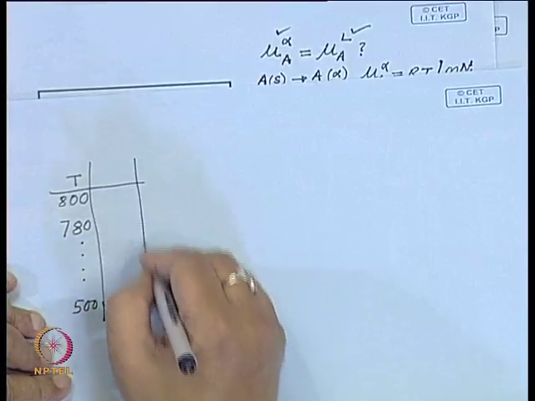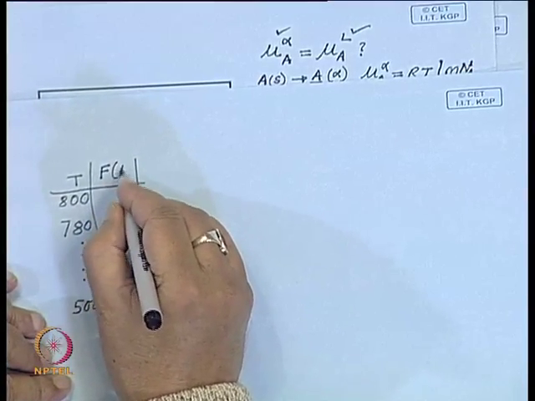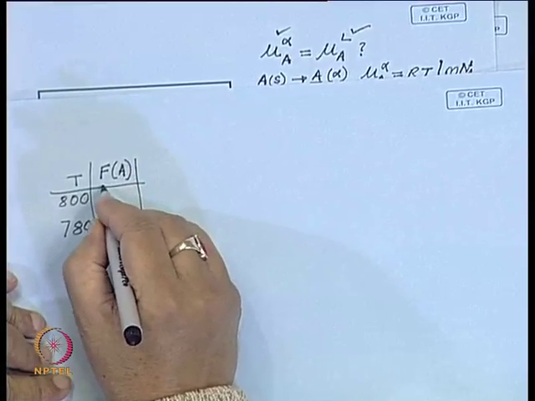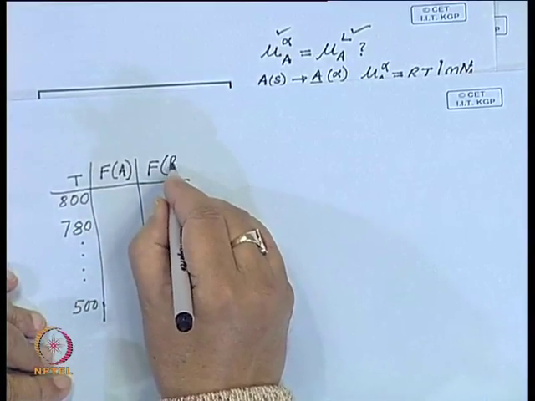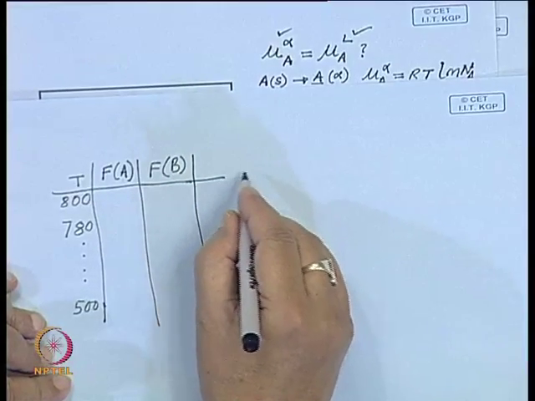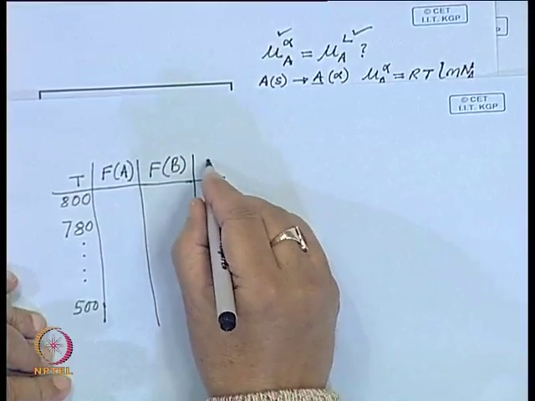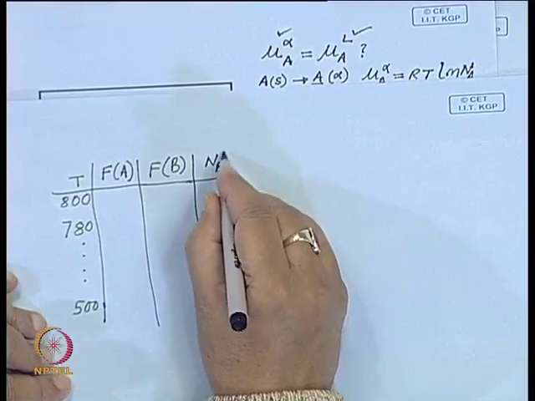For each of these temperatures, you calculate the function from the thermodynamic parameters of A. Similarly, you calculate this from the thermodynamic parameters of B, and then you can find out the atom fraction of B in liquid.